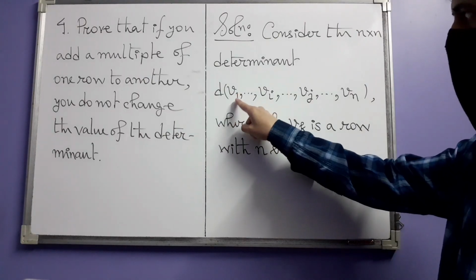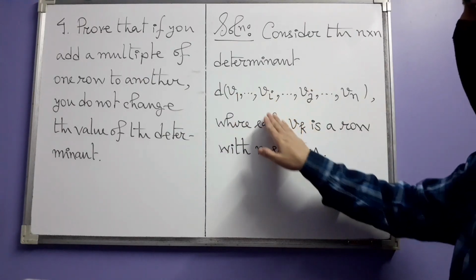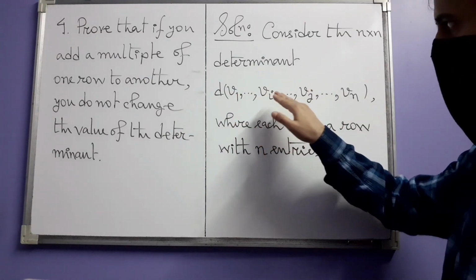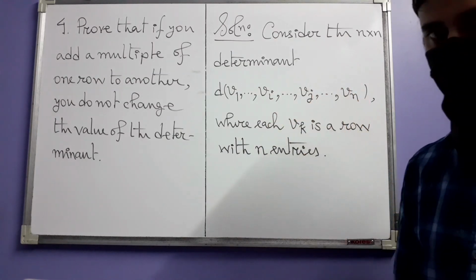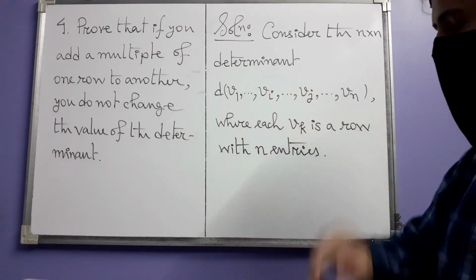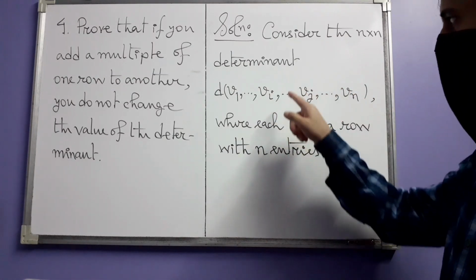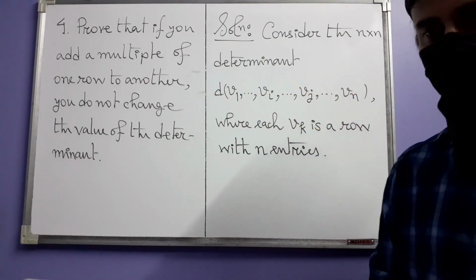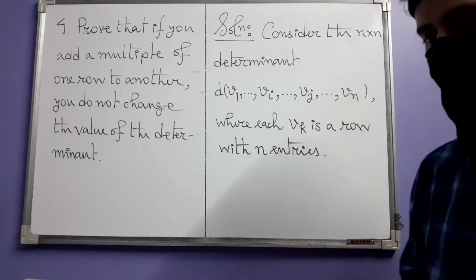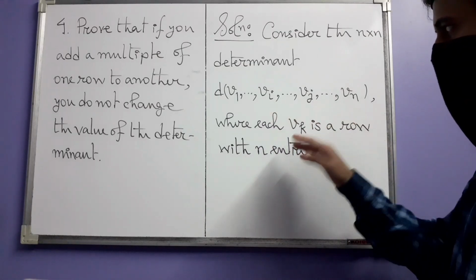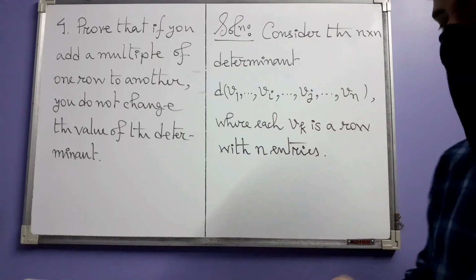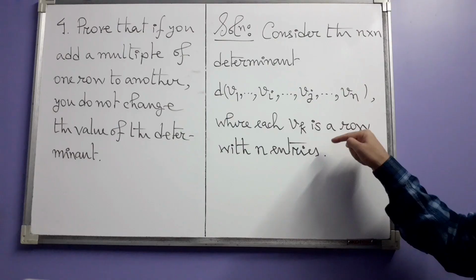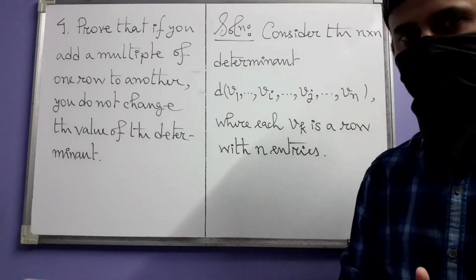D of v1, v2, like that it goes, and we have also written in the middle somewhere vi and vj, where they are different. I and j are different, and in fact j is greater than i, because it's understood, so I have not written that. But these vk's are all rows.